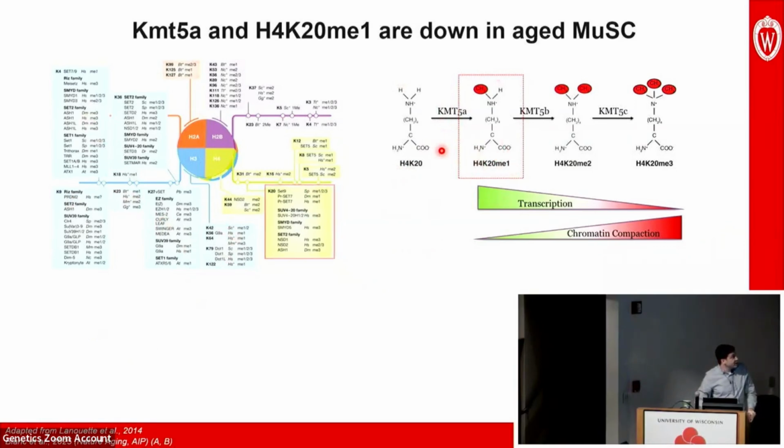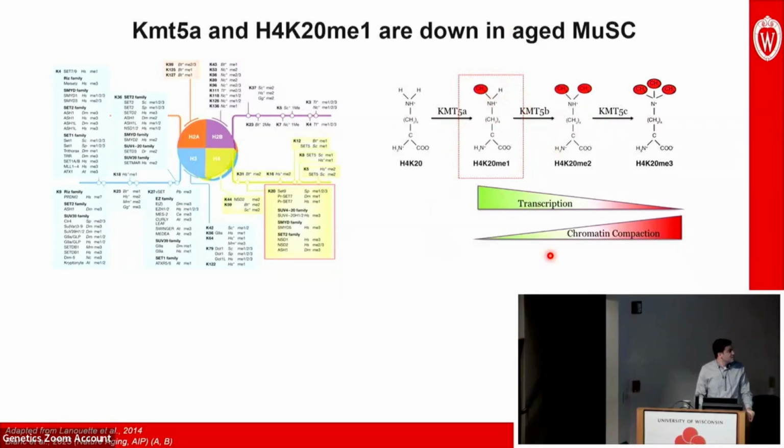What's important to know too is that this monomethylation is required for the subsequent di- and trimethylation events by KMT5B and KMT5C, which means that if you delete KMT5A, which, spoiler alert, I will, you will not only lose the monomethylation of H4K20, but probably the di and tri as well, which adds a whole lot more complexity.